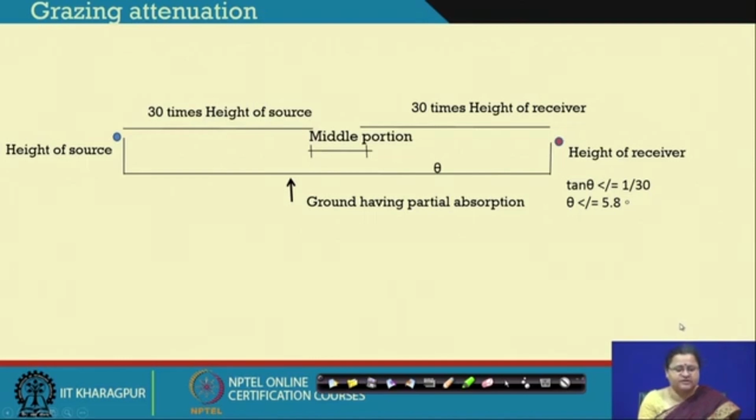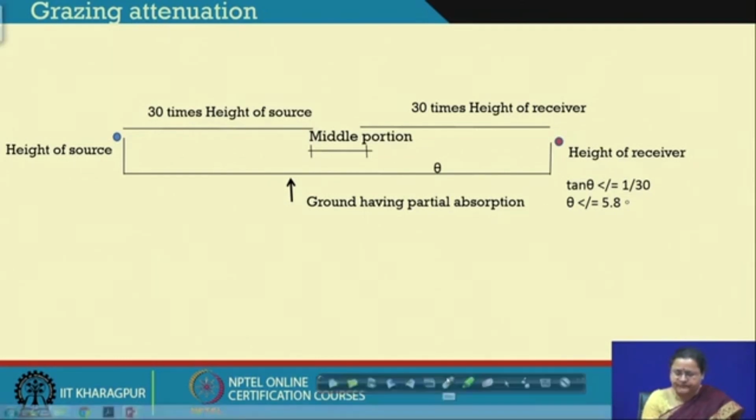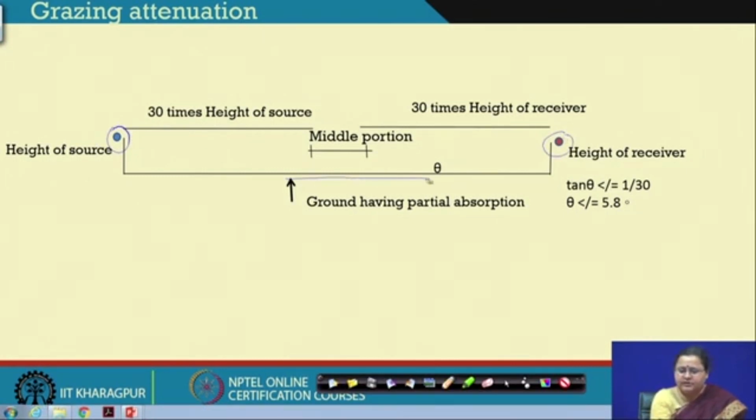So, this is the source here, we have the source here, we have the receiver here and we have the ground here which is partially absorptive, and the distance between the source and receiver is quite large.